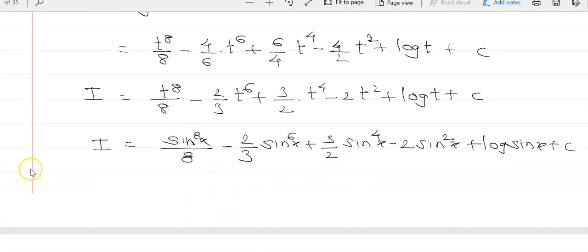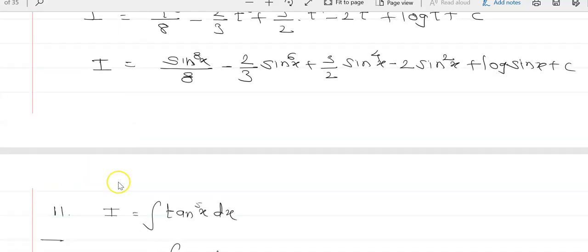Resubstitute the value, then I is equal to sin of x raised to 8 upon 8 minus 2 upon 3 sin of x raised to 6 plus 3 upon 2 sin of x raised to 4 minus 2 sin square x plus log of sin x plus c. This is my answer, but in the textbook the answer is different. If you agree, then write down this answer.